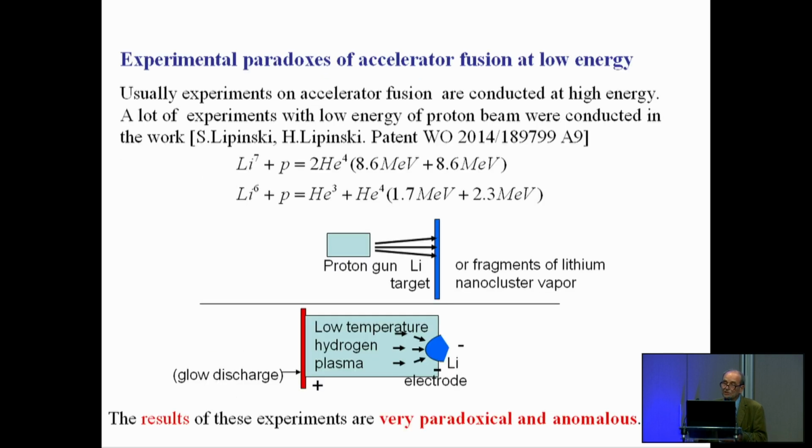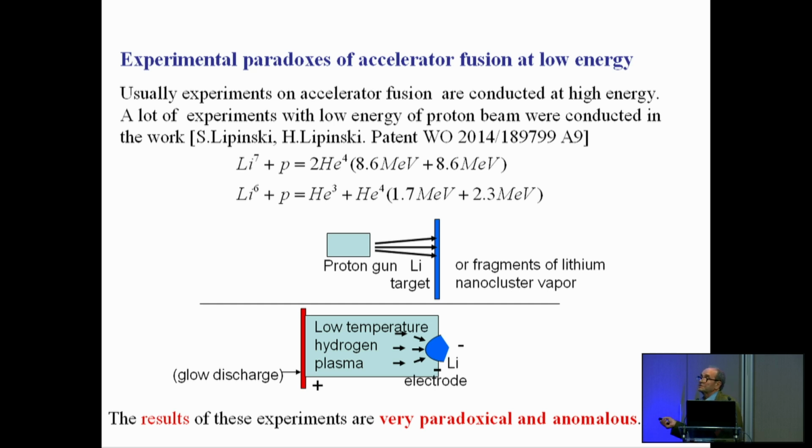Okay, let's consider the realistic experiment. Different experiments were conducted with these particles, in this reaction. The experiments are very simple, with different geometries. For example, a proton gun and a lithium target, or a proton gun and a fragment of lithium nanonuclear warhead, or glow discharge, approximately the same.